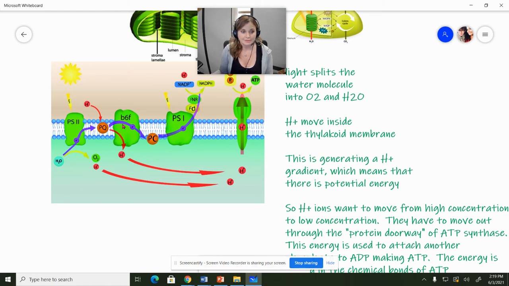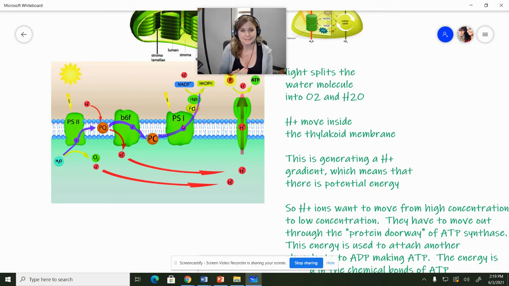These three proteins, PS2, B6F, and PS1, photosystem 2, they're just passed along here. This is known as an electron transport chain because they are transporting those electrons. Those electrons are used to generate another energy-carrying molecule, NADPH, from NADP+.